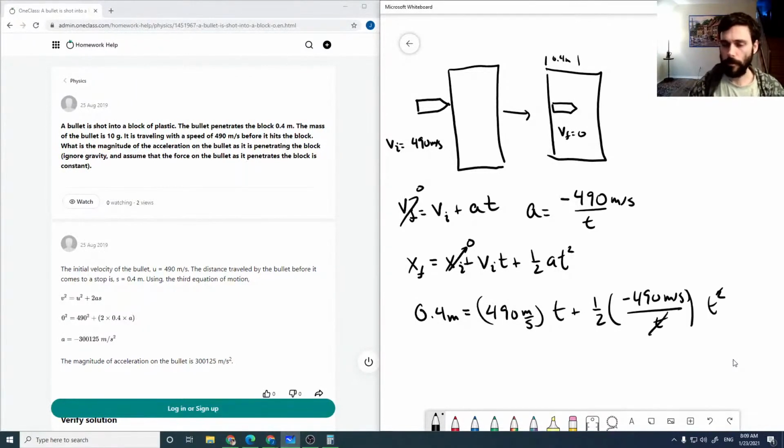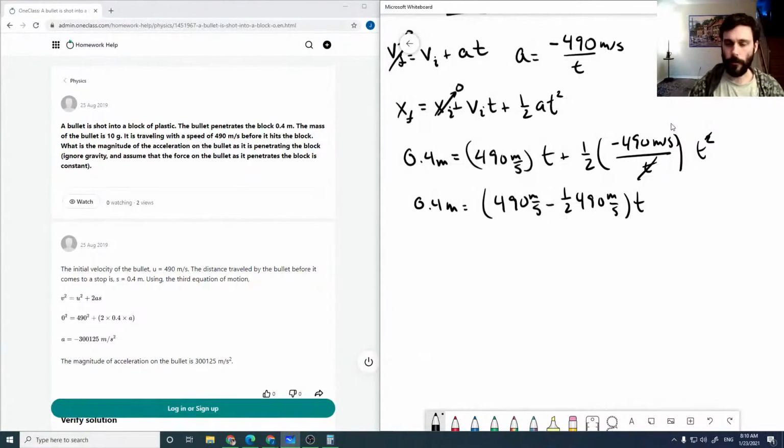So that's going to cancel one of those. And so our 0.4 meters is equal to 490 meters per second minus 1/2 of 490 meters per second times our time.